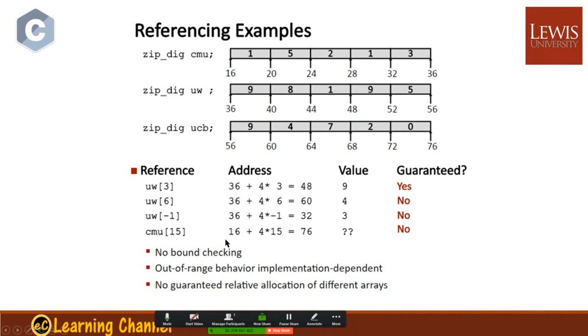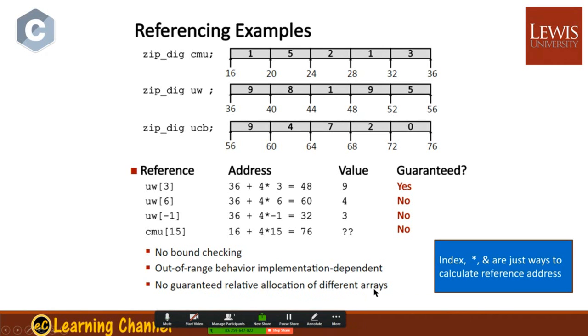With CMU[15], the indices are 0 through 4, so 15 is outside of here, you have no guarantee and you don't know what the value is. So the C language has no boundary checking; out-of-range behavior depends on the relative allocation of the different arrays, with no guarantee.